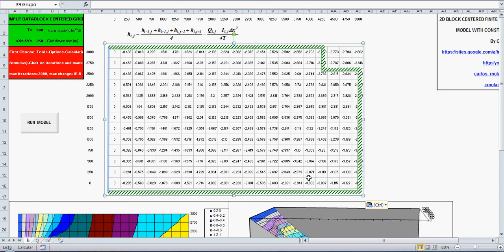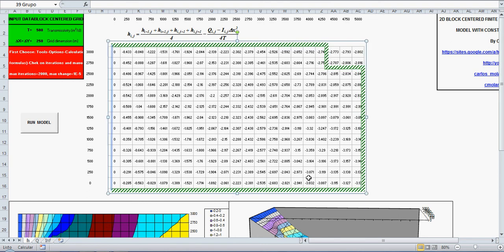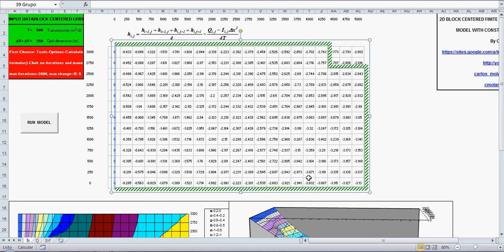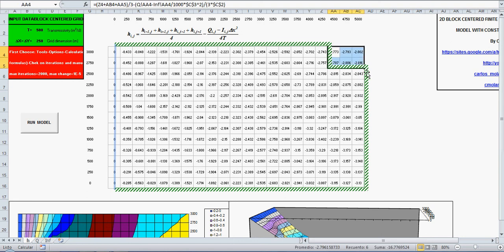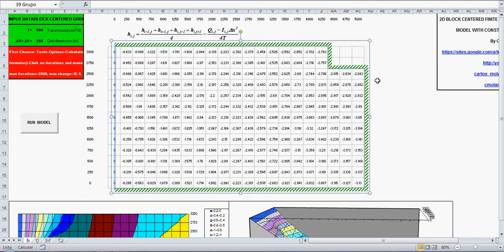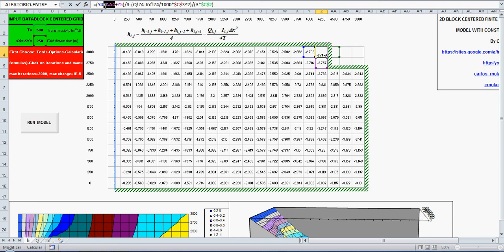Now we don't have these cells. In this corner we don't have the AA cell, so let's delete that and divide by 2, and here also divided by 2.